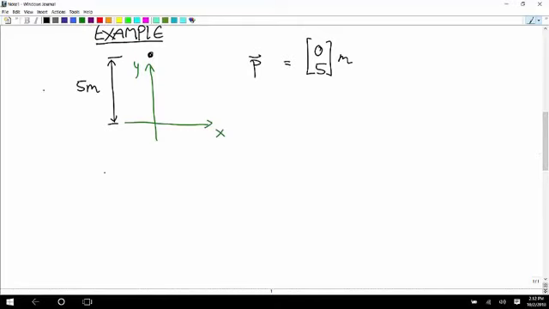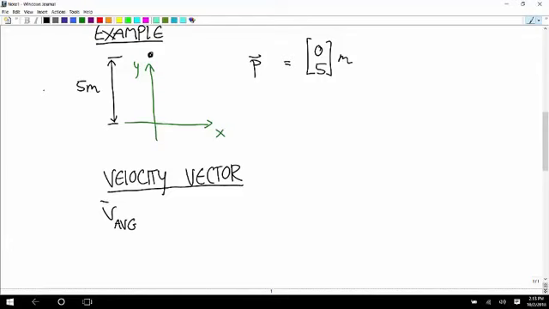Okay, so next is the velocity vector. And the mathematical definition of the velocity vector works exactly like in one dimension. Remember, we defined an average velocity, and this time the average velocity is going to be a vector.